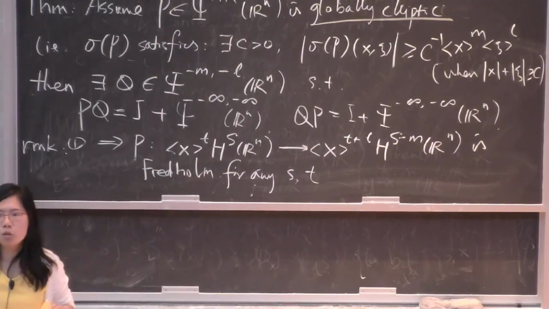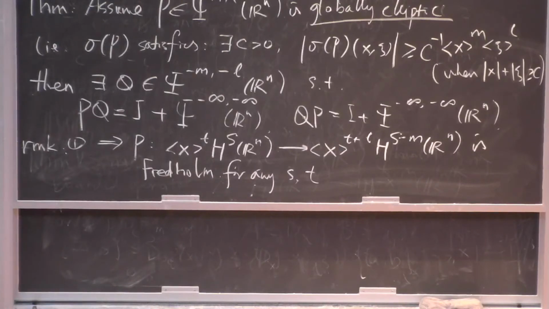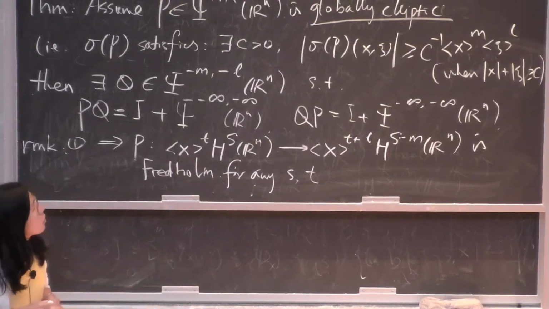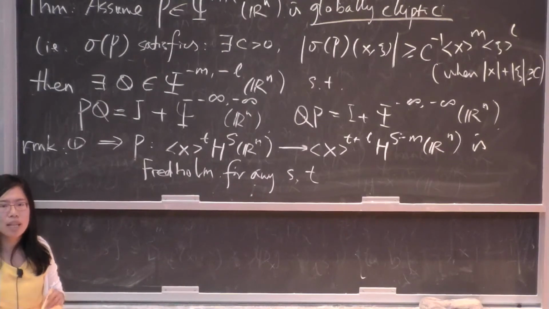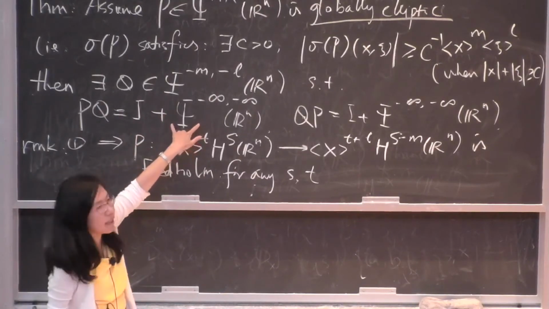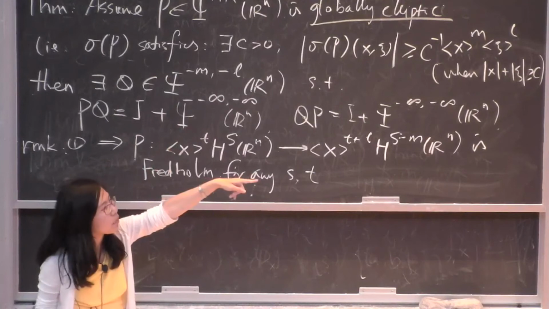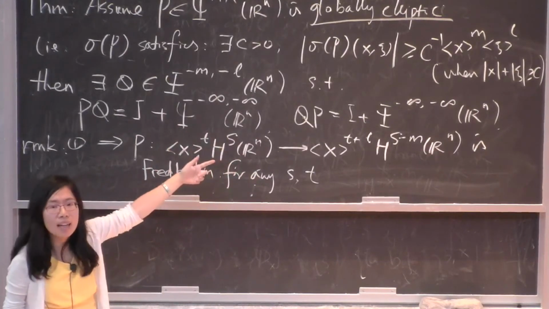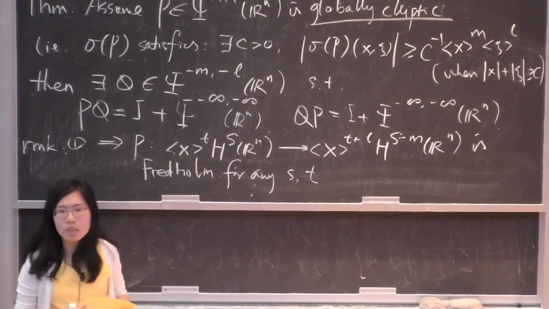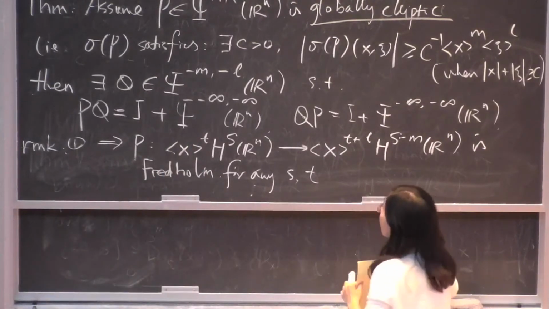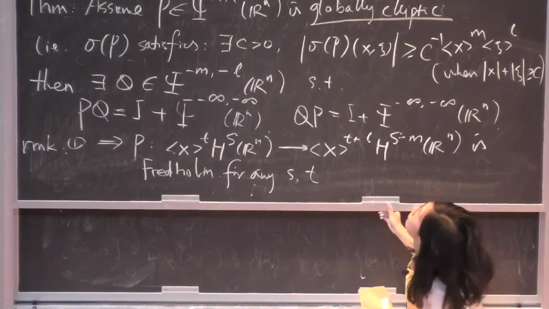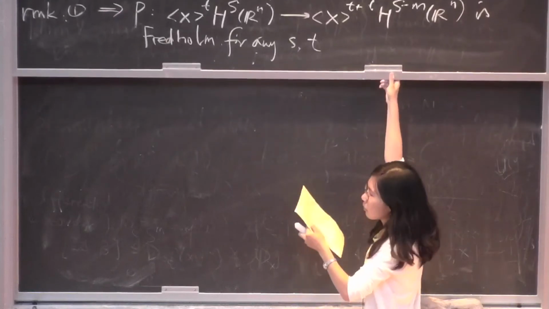If I'm assuming that it's globally elliptic in this sense, then this is Fredholm. This is a standard way to show that. How do you show something is Fredholm? You find a parametrix so that you can invert it up to a compact operator. And here I do have a compact operator, because Psi^{-infinity}, as I said before, has extra decay in x, so I do have a compact operator here. And therefore, it's Fredholm. Okay, so that's the first property that immediately follows, and that's very useful.